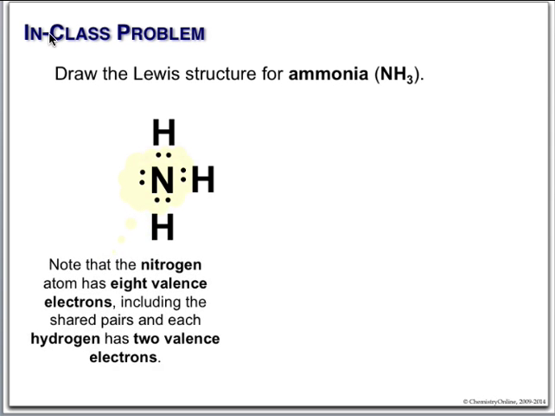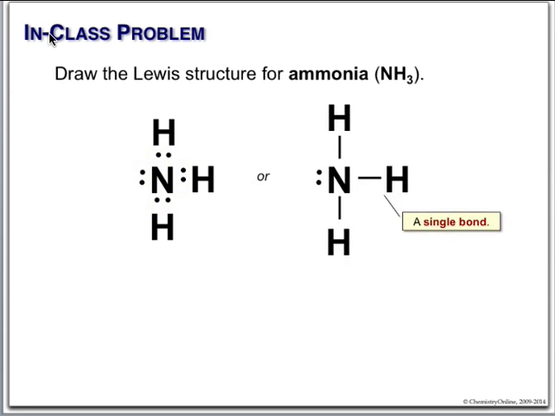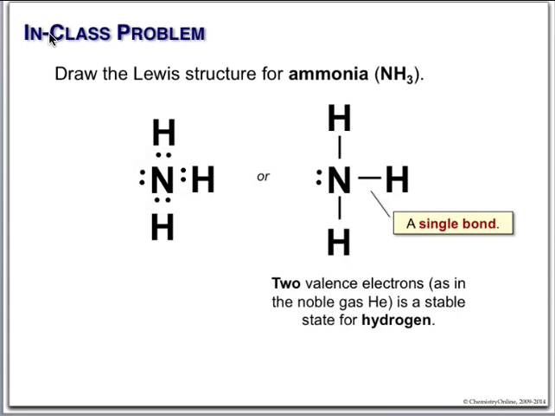If we look at our nitrogen here, remember we count all of these shared electrons, so it has 2, 4, 6, 8, and each hydrogen has 2. If we draw this using our dashes, it would look like this. Again, we refer to this as a simple single bond.